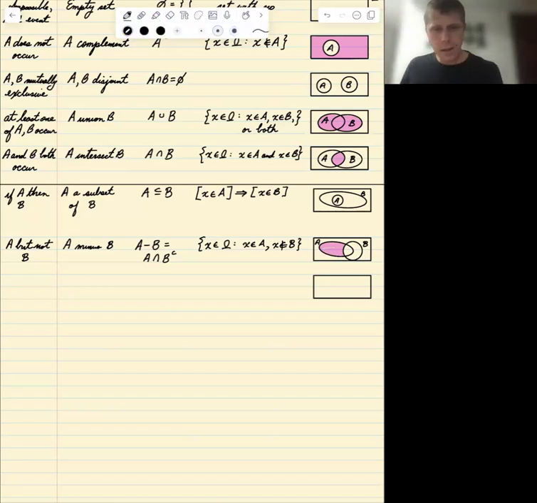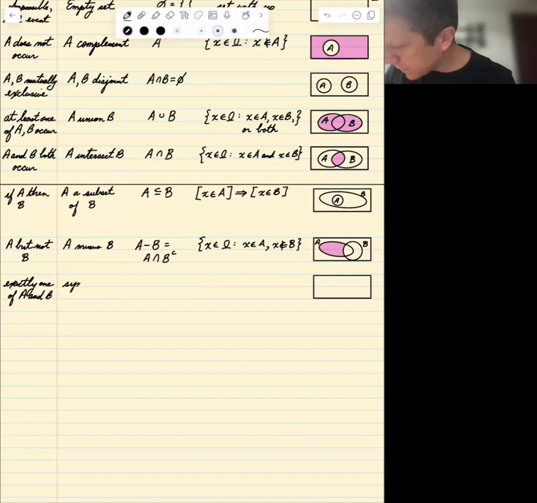And then exactly one of A and B. It's called the symmetric difference of A and B. It's written A triangle B. Let's first draw it and then let's think about how we would write it as a set in set notation.